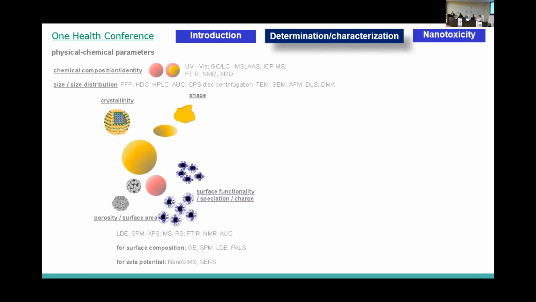In addition to the chemical composition, the size distribution and the number of nanoparticles, there are other functionalities, like the shape, crystallinity, porosity, and mainly the surface layer. The functionality on the surface of the nanoparticle is going to change toxicity, bioavailability, and in general, the effect of these nanoparticles.